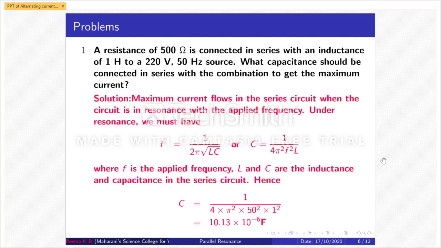Solution. Maximum current flows in the series circuit when the circuit is in resonance with the applied frequency. Under resonance, we must have f = 1/(2π√(LC)), or C = 1/(4π² f² L), where f is the applied frequency, and L and C are the inductance and capacitance in the series circuit.